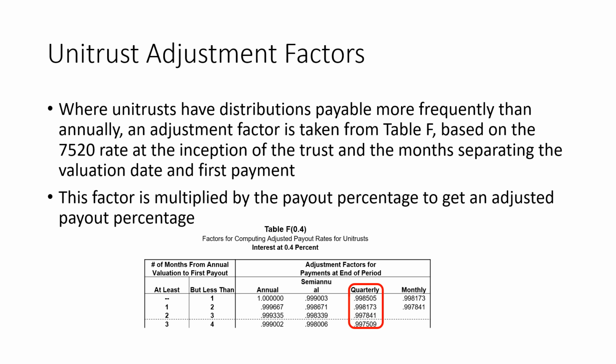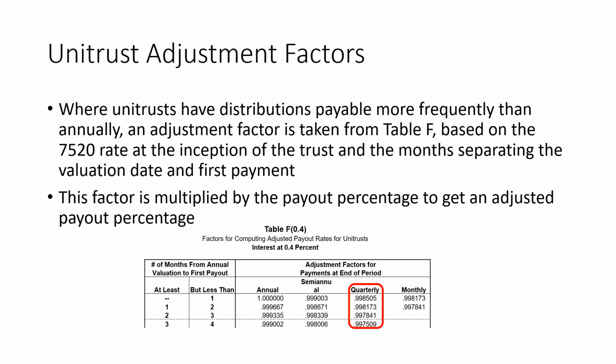And you also have to figure out the number of months that separate the date of valuation and the first payment. So for example, if you had a quarterly payment, it would be paid 3 months into the year. And that means 3 months at least would separate the 12/31 valuation date and the first quarterly distribution.